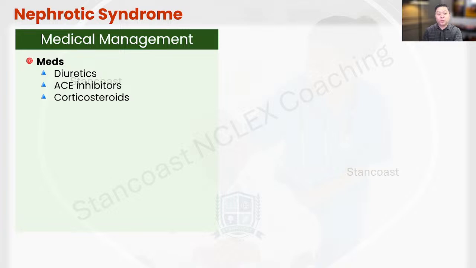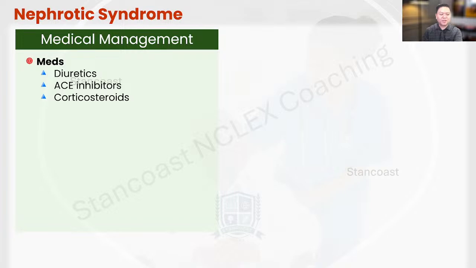We refer to this medication as the wonder drug because it will decrease the inflammatory process, especially in the blood vessels in the kidneys. So it will decrease the inflammation of the glomeruli, and it will also decrease the incidence of proteinuria.